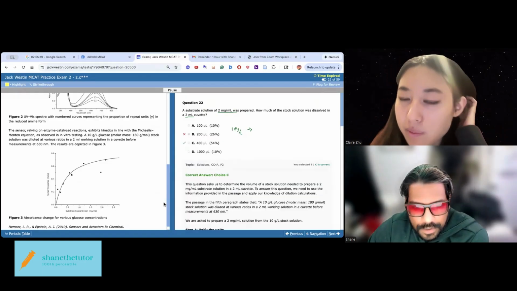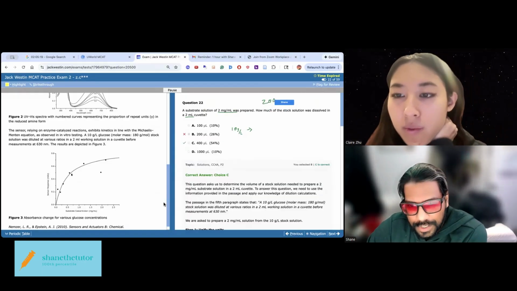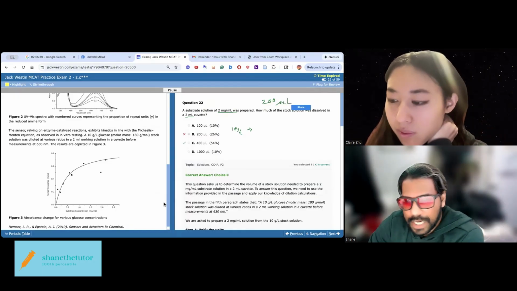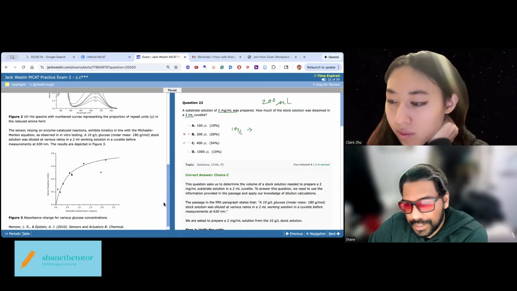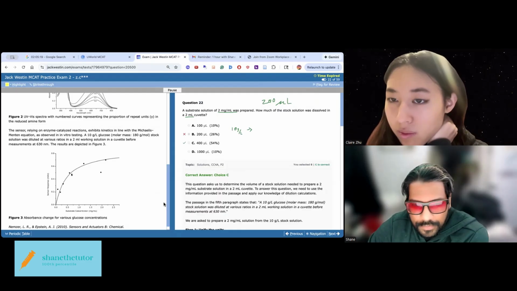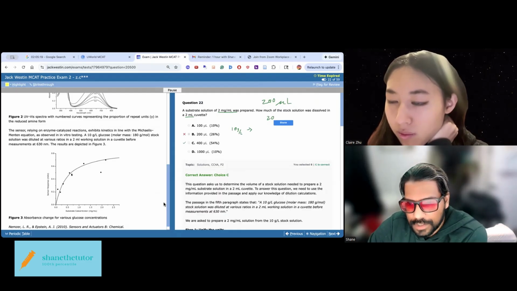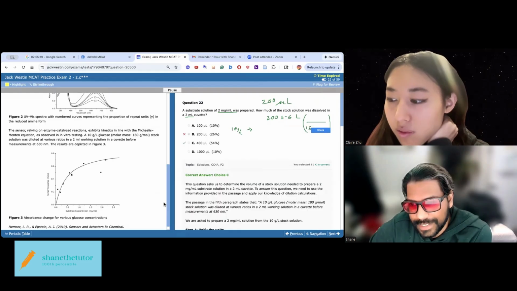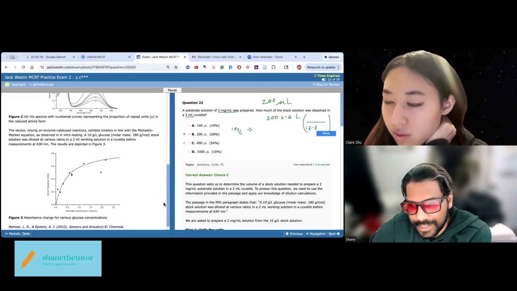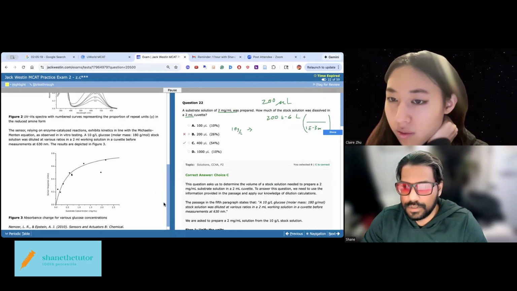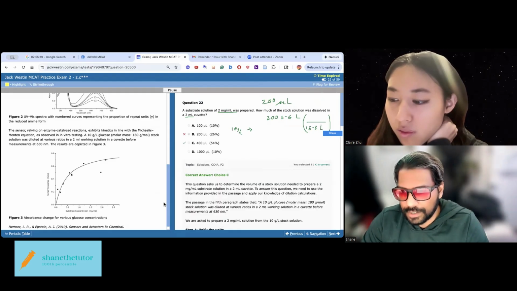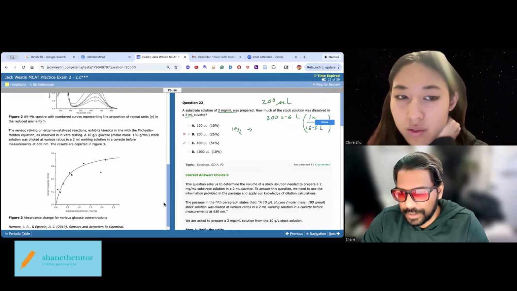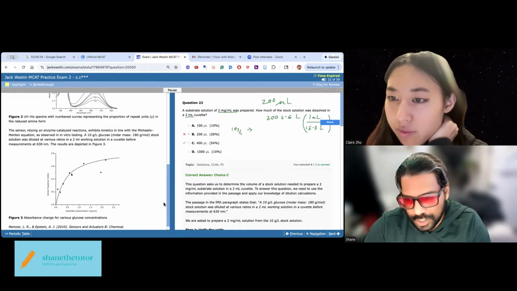So 200 microliters would be 200 times 10 to the negative 6 liters, and 1 times 10 to the negative 3 liters would be 1 milliliter.